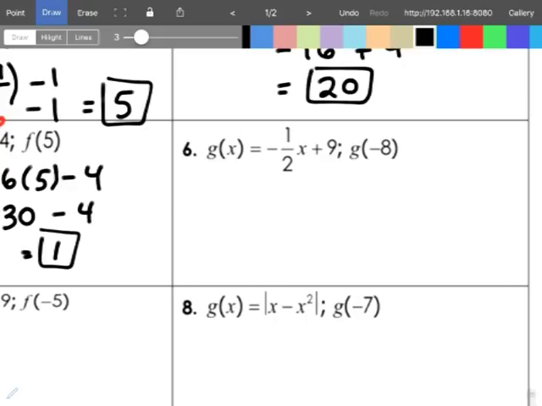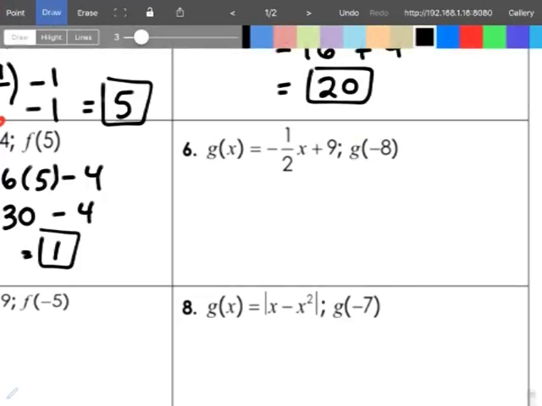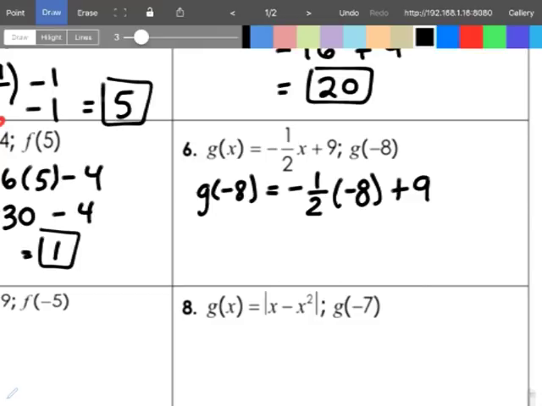We'll try number 6 and then we'll go on to the back page. Okay, so here g of negative 8, that means I'm plugging in negative 8 everywhere I see an x. g of negative 8 equals negative 1/2 times negative 8 plus 9. So again, I see a fraction there, so I'm going to put the negative 8 over 1.